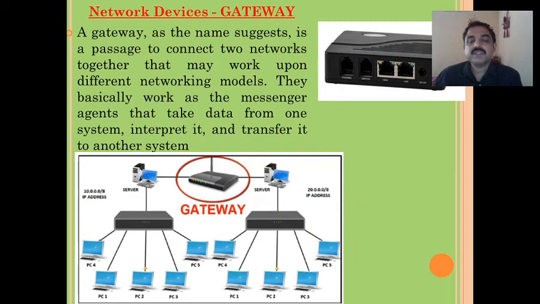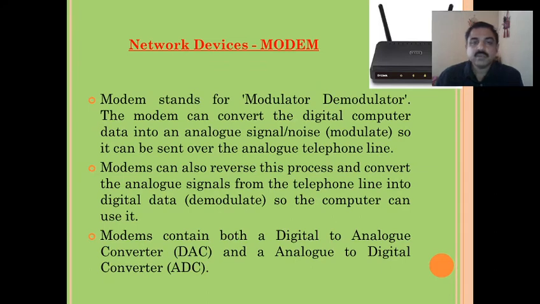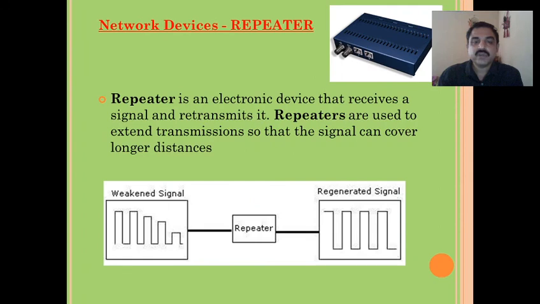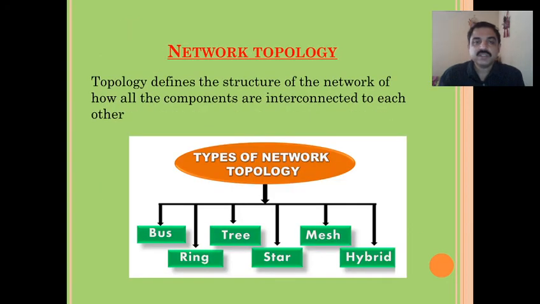So, gateway and bridge differences: a bridge connects similar types of networks, but a gateway connects dissimilar networks. Clear? Then we saw modem. Modem stands for modulator and demodulator, which converts digital signals to analog and analog back to digital. Then we saw repeater. A repeater is a device used to amplify the signal. So if the distance is 100 meters or more, then you need a repeater to amplify the signal.